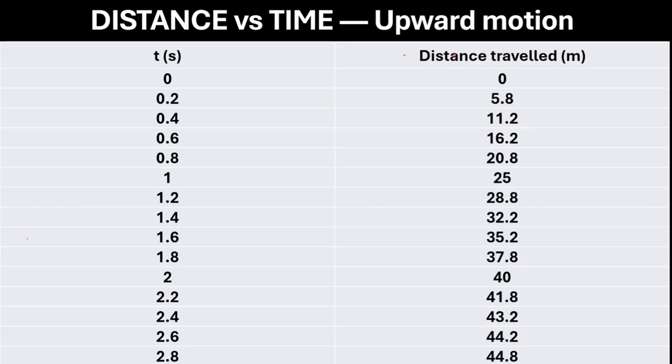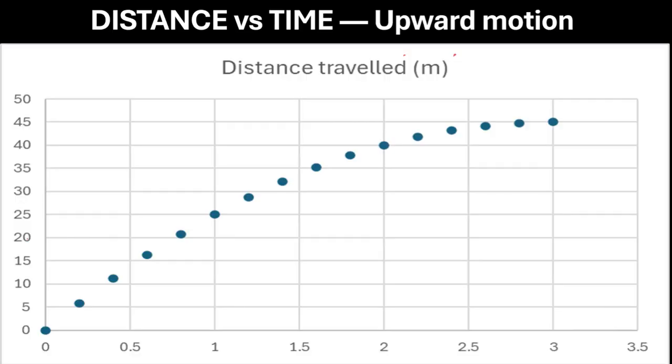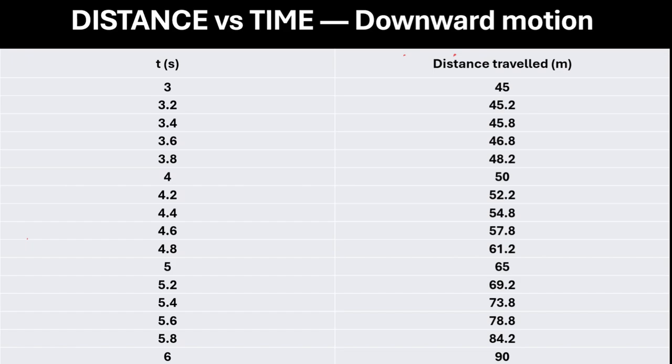Now, this is the distance-time graph for the upward motion, the values and the graph. What do you think will be the case for the distance-time graph for the downward motion? Will it come down? Exactly, it shouldn't be coming down, as in the case of the displacement-time graph, where the graph was symmetric. In this case, it wouldn't be. Why?